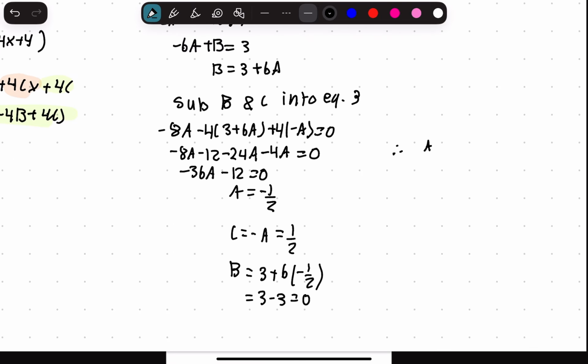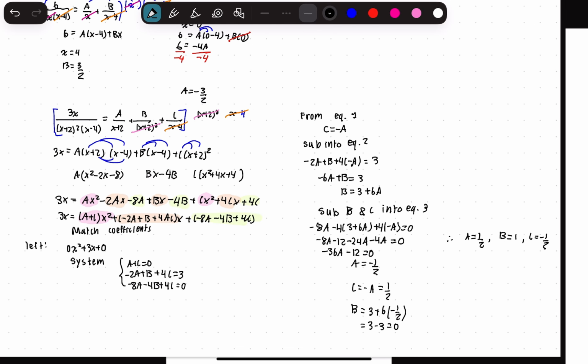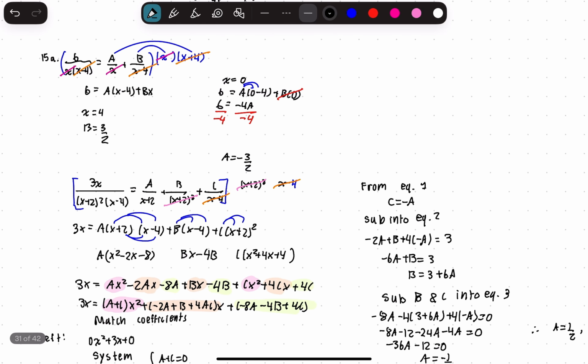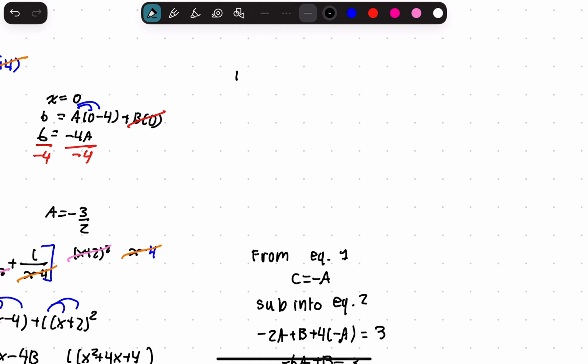Therefore, we have a is equal to negative 1/2, b is equal to 0, and c is equal to 1/2. Now, we can rewrite our final answer for this partial fraction decomposition as negative 1 over 2 times x plus 2 plus 1 over 2 times x minus 4.